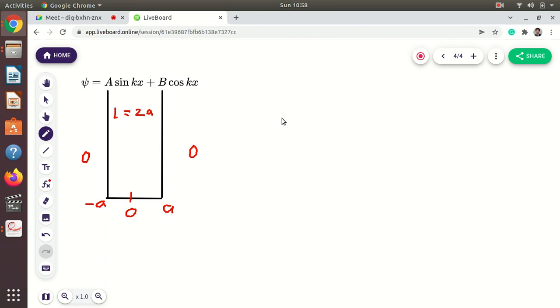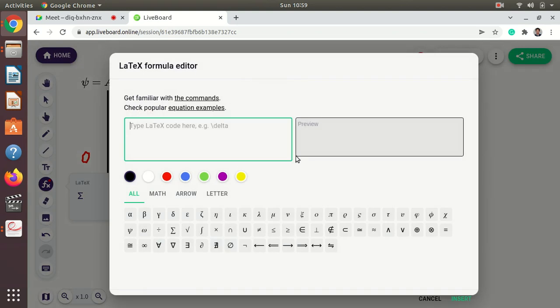When x is equal to plus or minus a, then psi becomes 0, right? So I will put both conditions, and let's see what we can get.